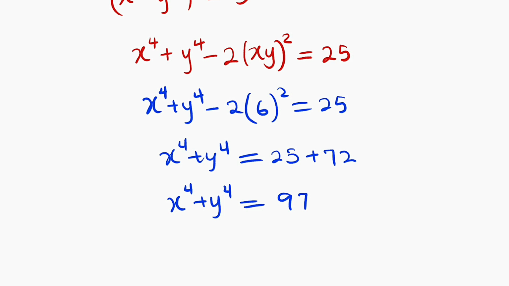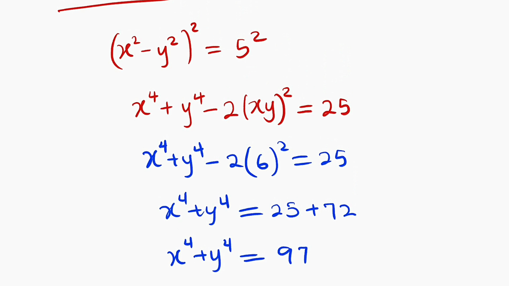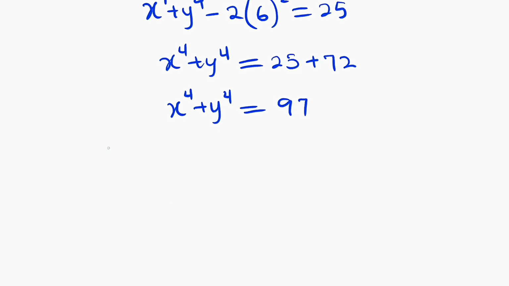And again, for a purpose, I want us to expand, instead of x squared minus y squared, x squared plus y squared. So x squared plus y squared all squared. If you expand this, you're going to obtain the first term squared is x to the power of 4.